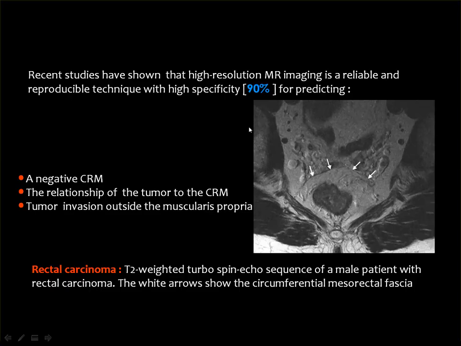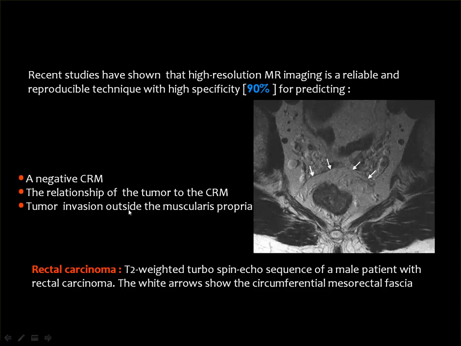Then the studies showed that high-resolution MRI is a reproducible technique with high accuracy for predicting a negative circumferential resection margin, meaning that the tumor has not invaded the mesorectal fascia.